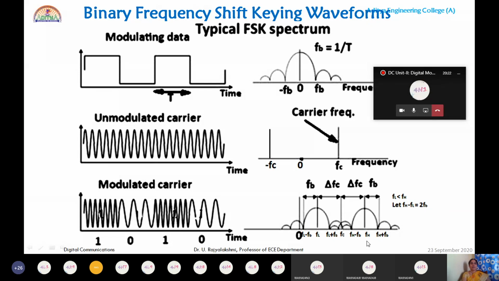Then only you can calculate the bandwidth, because bandwidth is defined as the difference between the upper cutoff frequency and lower cutoff frequency of the corresponding spectrum. Please tell me what is the lower cutoff and what is the upper cutoff of the whole spectrum.